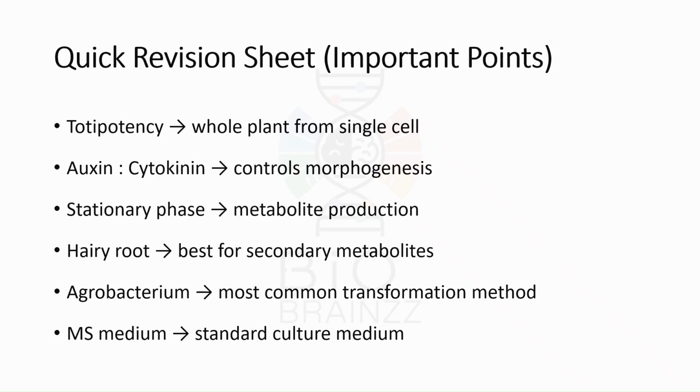Other important points include hairy root culture being best for metabolic production, agrobacterium being the most commonly used method for transformation, and MS medium being the standard culture medium. These are frequently asked direct questions in GAT-B.